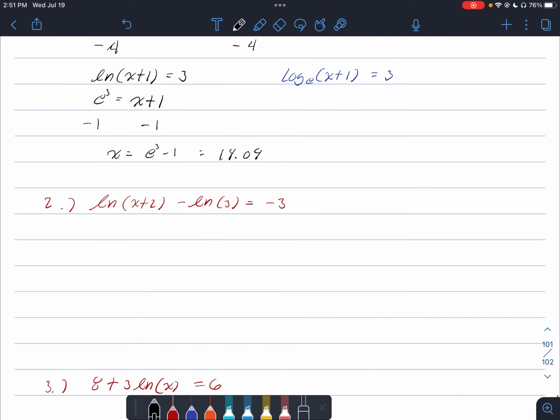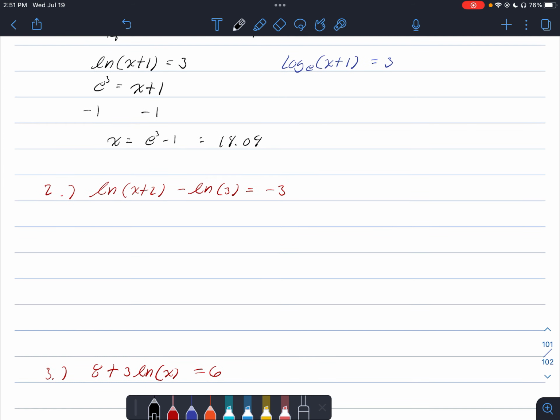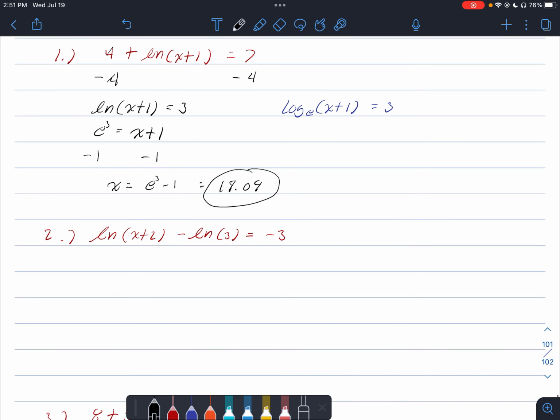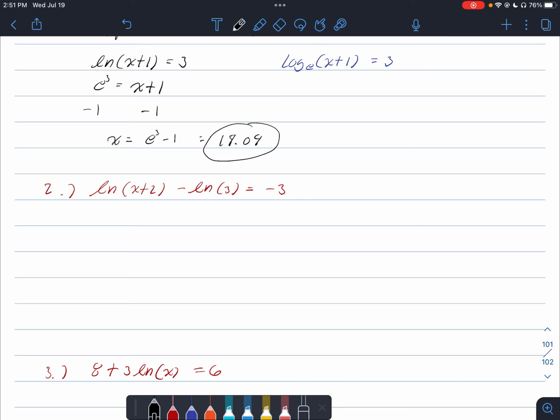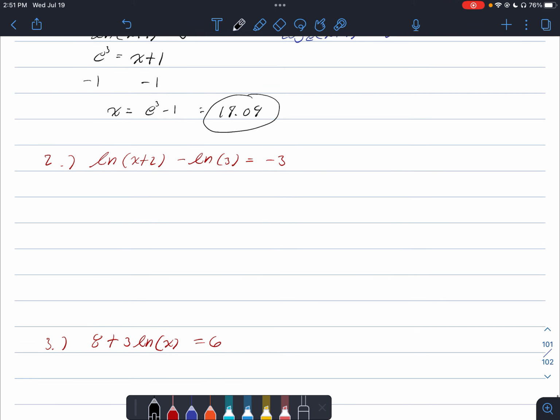Okay, so nothing too crazy here. All right, so really all we're doing is getting this in a way that we could very easily plug into a calculator. So again, nothing particularly new here, just using natural logs now instead of logs of other bases.